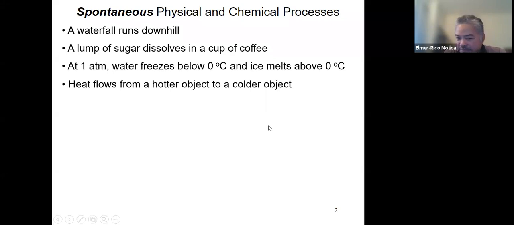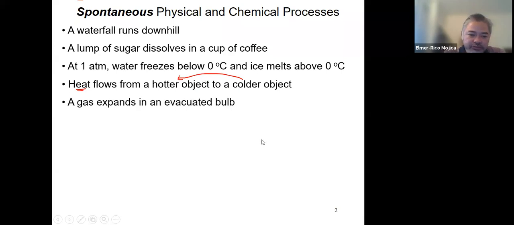And spontaneously, what we have learned from chapter 6, heat flows from a hot object to a cold object. That's why we call it heat, right? Because what do you think will happen if that entity travels from a colder object to a hotter object? Maybe you can call it coldness. Okay.